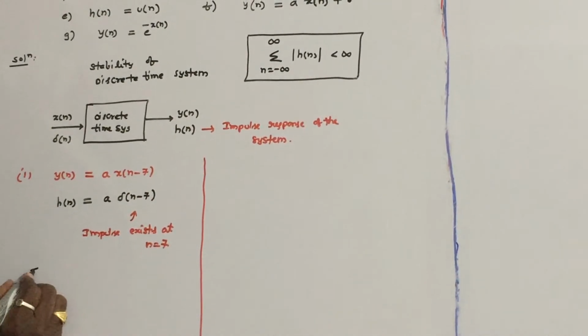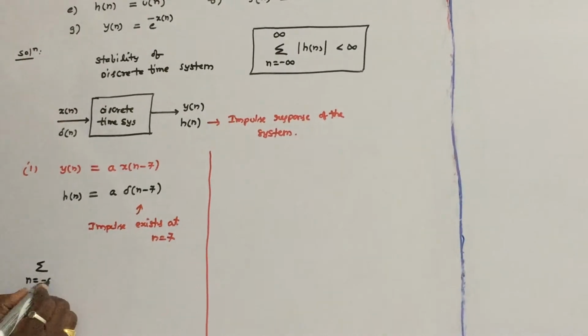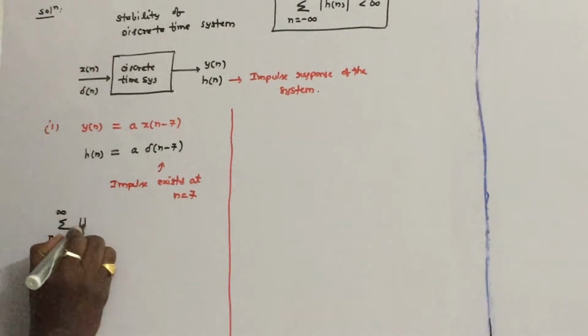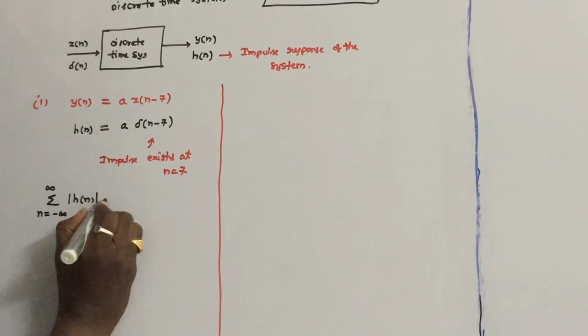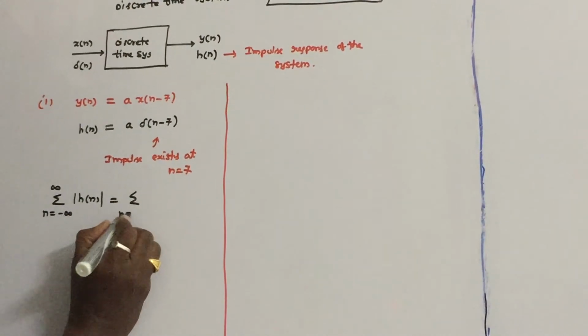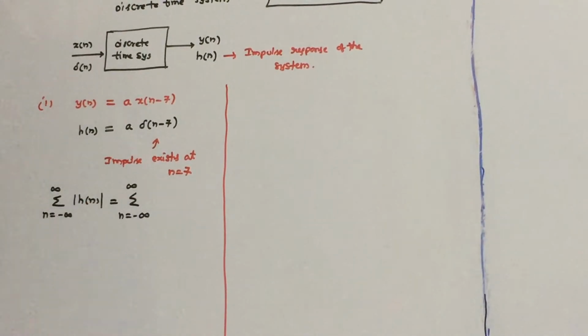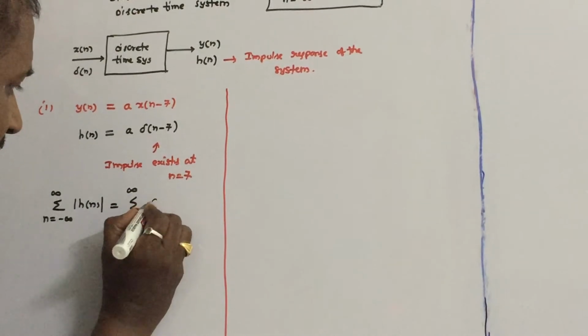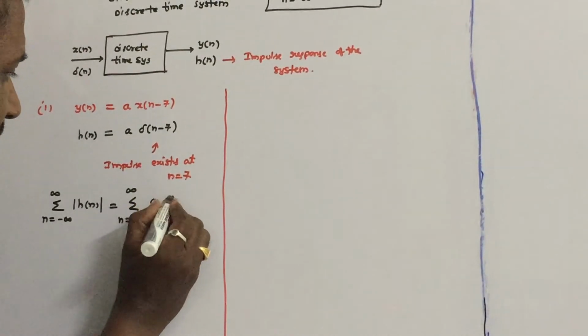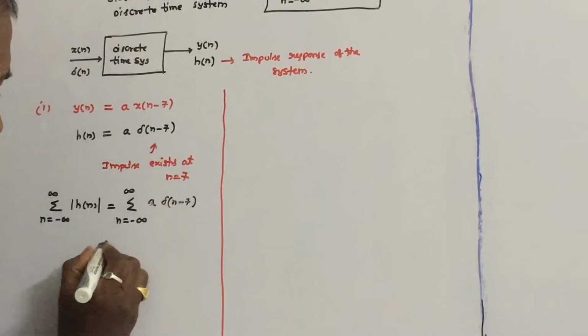So let us check this condition. Summation n is equal to minus infinity to infinity modulus of h of n is equal to summation n is equal to minus infinity to infinity of A into del of n minus 7.